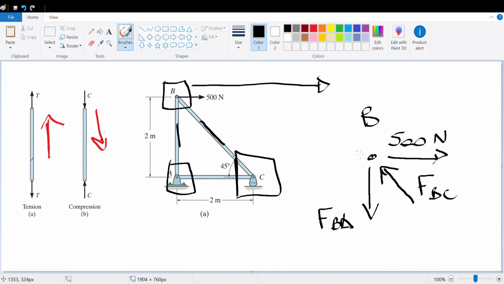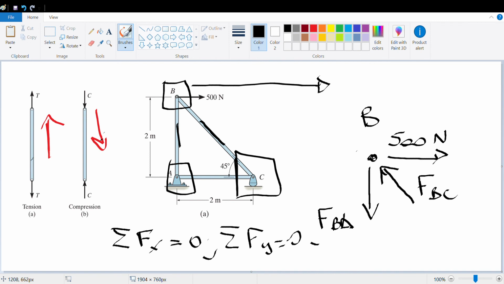In this case, I'm basically just solving a problem for a particle, not even a rigid body. So the problem is even simpler than the ones we have been seeing before, because all I have to do is solve the sum of the forces in x equal to 0, and the sum of the forces in y equal to 0.